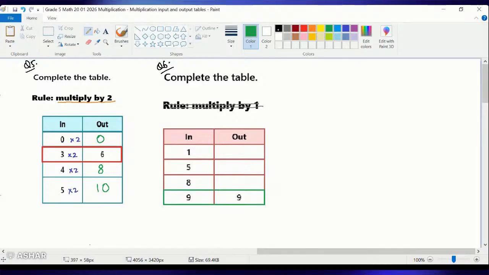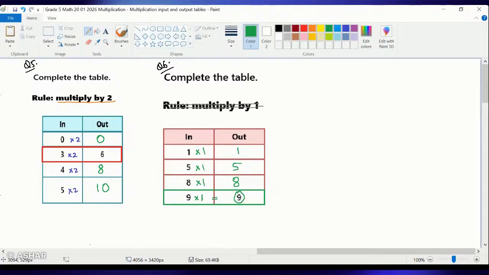That means this 9 was multiplied by a number that is 1, and we got 9 as the output. That means if one of the input numbers is being multiplied by 1, then all of the input numbers will be multiplied by 1. 1 multiplied by 1 would stay as 1, 5 multiplied by 1 becomes 5, and 8 multiplied by 1 was 8, since this was already given to us.